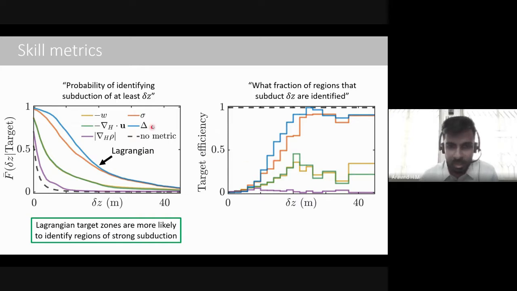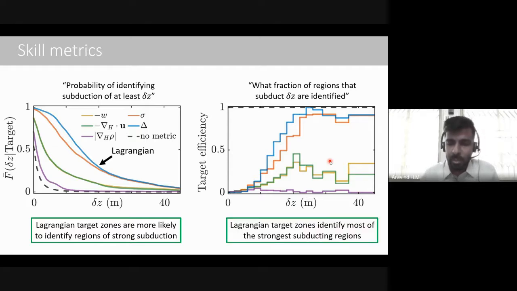And again, the dilation rate and FTLE, the Lagrangian metrics, tend to capture a majority, if not most, of the strongest subduction zones in the domain, whereas the Eulerian metrics identify less than half of these features. So that allows me to conclude that these 2D Lagrangian metrics computed on the surface of the ocean are able to tell us how the 3D behavior is, at least in the upper ocean.